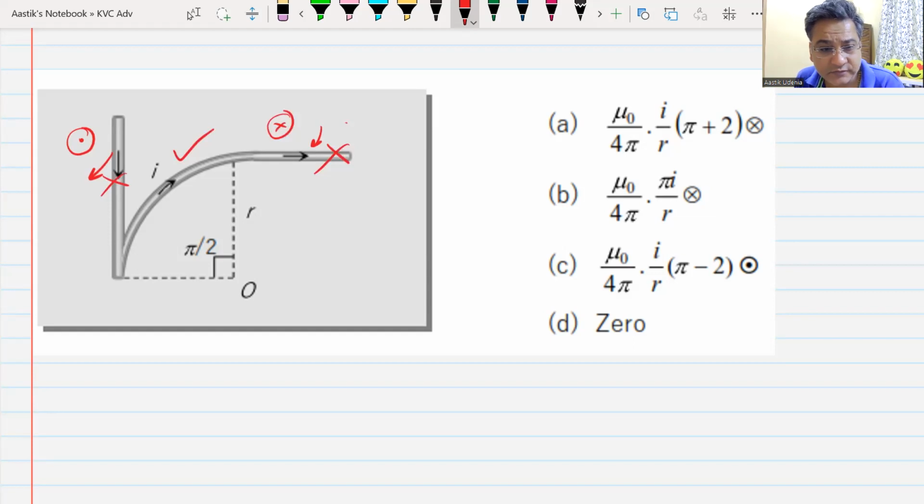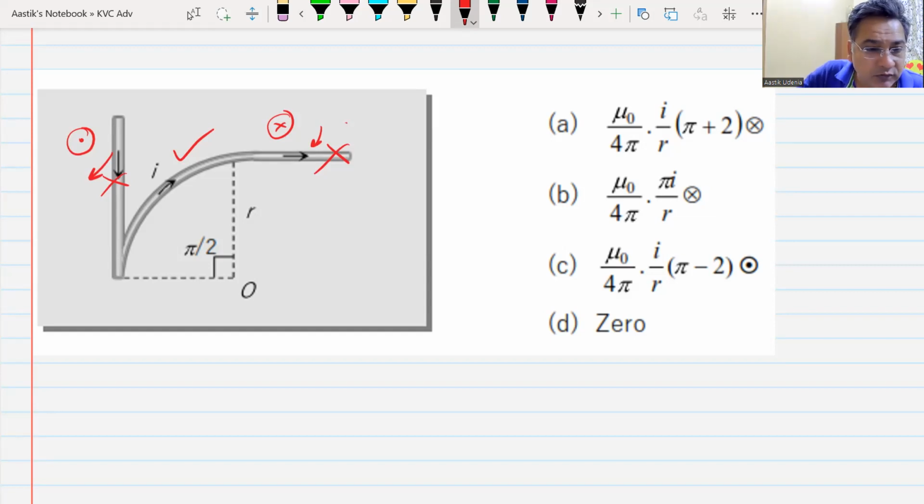The only field that remains is the field due to a quarter of a loop. How much is that? Mu naught I by 8R. Mu naught I by 8R, that is not there in the question. So the answer is mu naught I by 8R. It's not there in the options.